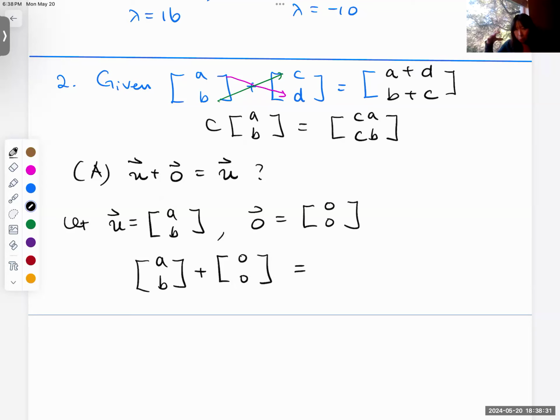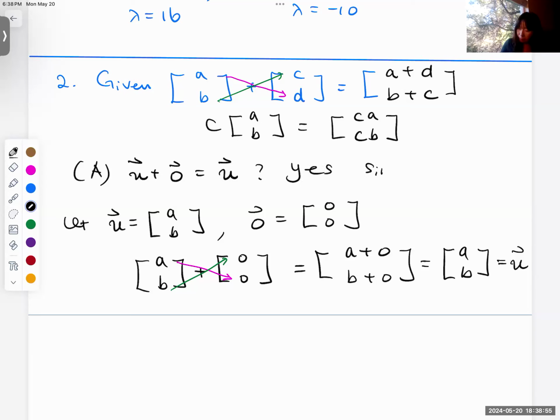For this problem, we can add this way, right? Only this problem. So there will be A plus 0, B plus 0, which is (A, B), which is U, right? So, yes.